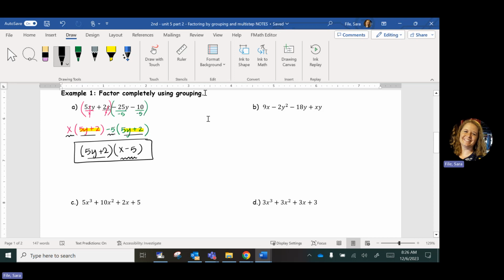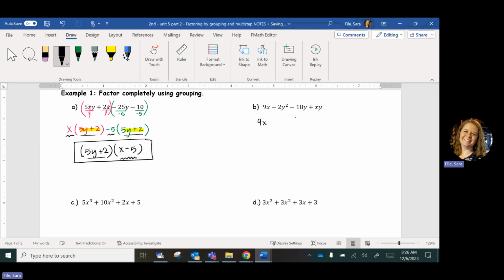All right, so what I was saying is I'm going to try to rearrange these terms, because the way they're arranged right now, grouping's not going to help me. Instead of starting with my 9x, well, actually I can start with 9x, that's fine.